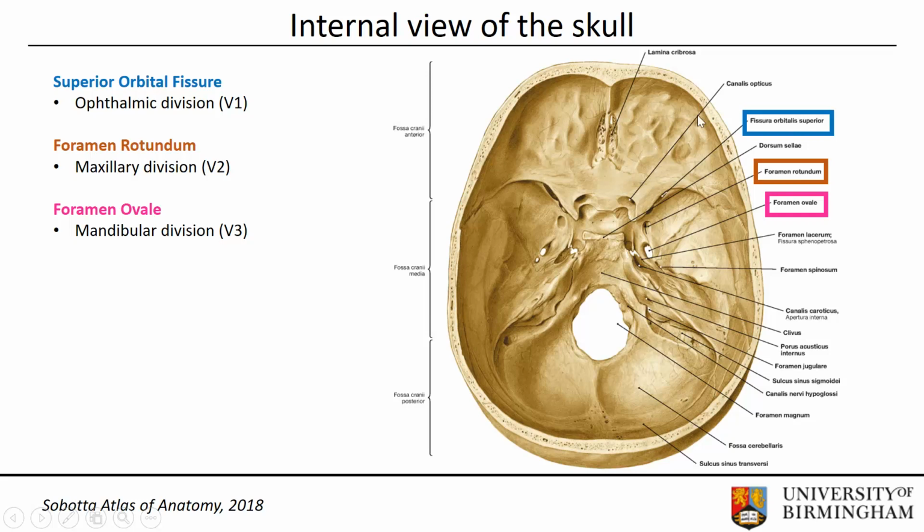So the ophthalmic branch will go through the superior orbital fissure, then the maxillary nerve will pass through the foramen rotundum here, and the mandibular branch will go through the foramen ovale. And this is how the three branches will leave the middle cranial fossa then.